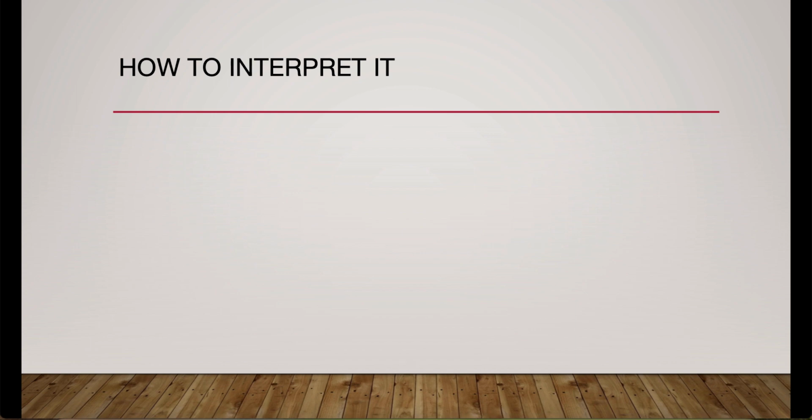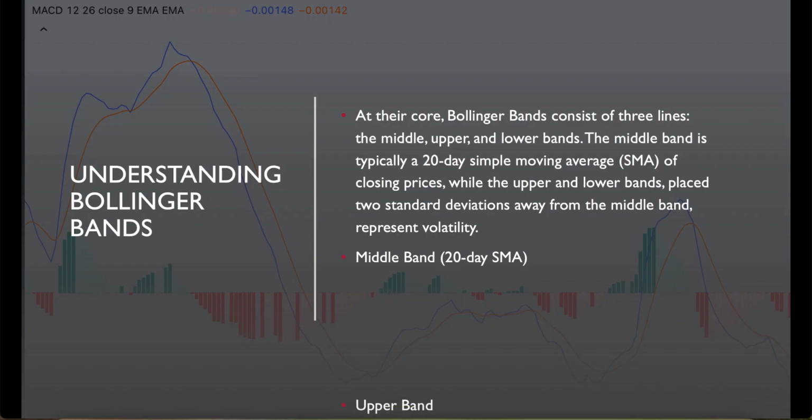The middle band is a line that's in the middle, and it acts as a base between the upper and lower lines. The upper band is the highest level of band. This is where the price gets to a resistance type of level, so we can use that as a resistance type of band.